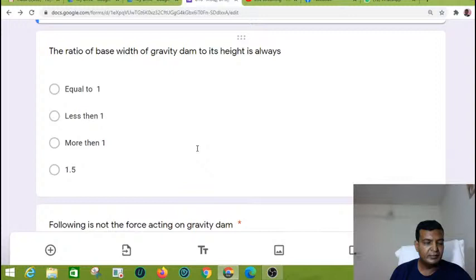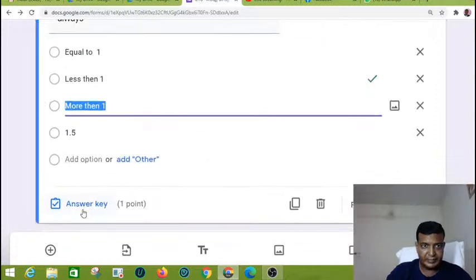So the ratio of base width of gravity dam to its height is always equal to 1, less than 1, more than 1, 1.5. Let's check the answer. It is always less than 1.